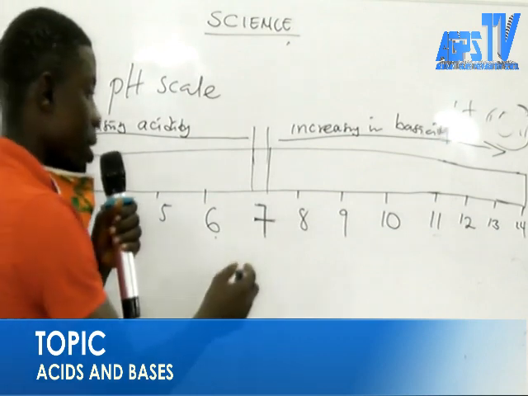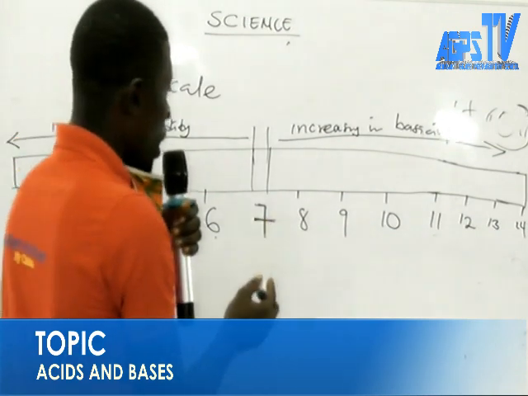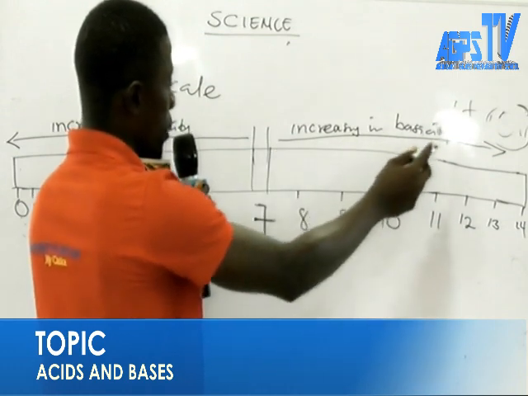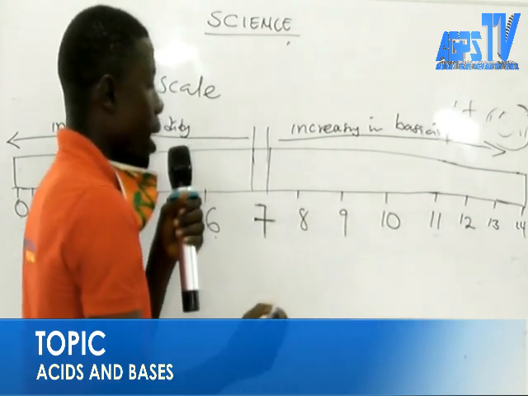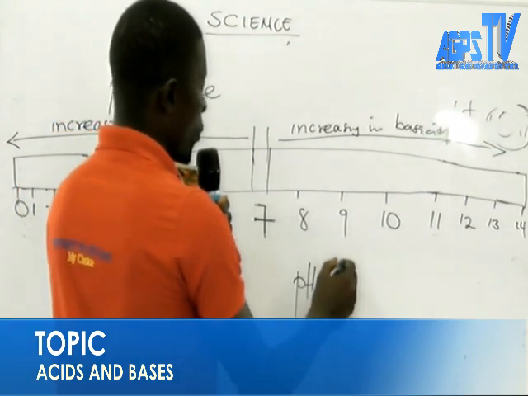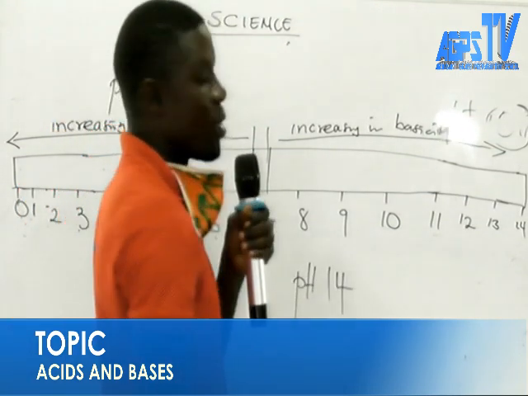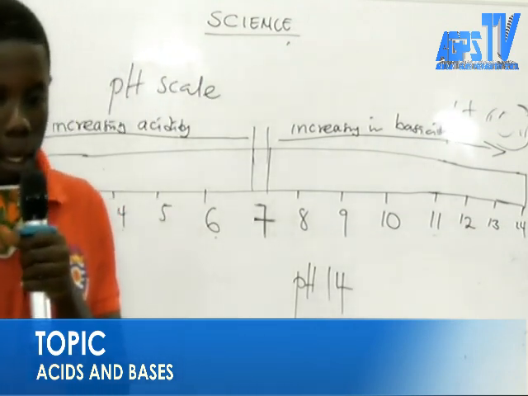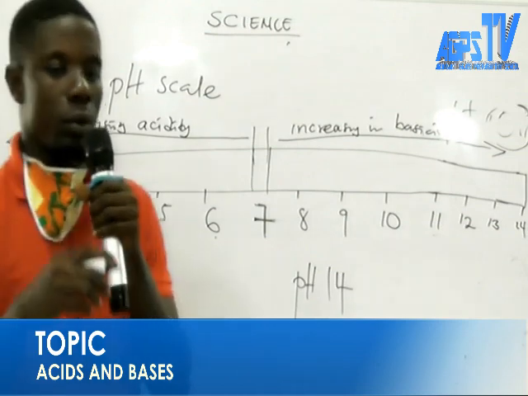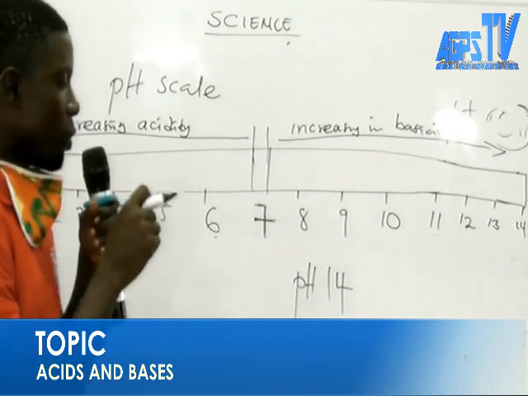Now, look at this. It goes this way, increasing in what? Basicity. So if a solution has a pH of 14, it means that base is very corrosive or very concentrated.